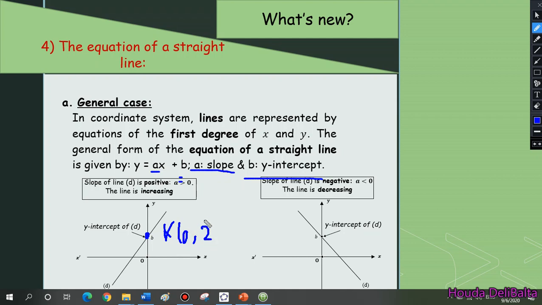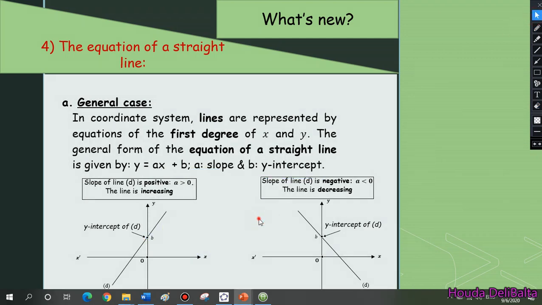Why is the abscissa 0? Because K belongs to the y-axis, so the y-intercept is 2. Okay, so the y-intercept is the value where the line meets the y-axis.